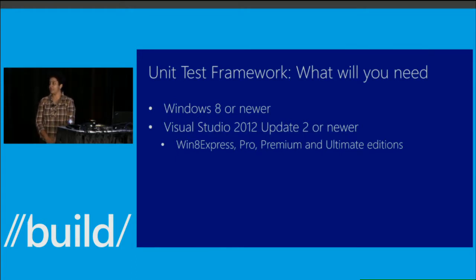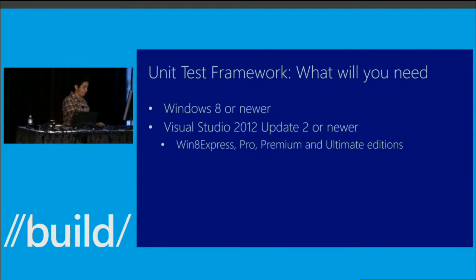So you can take advantage of the unit testing capabilities depending on whichever editions you have. Even though it says Windows 8 and VS 2012, I encourage that you try out 8.1 and 2013 preview so that you can take advantage of the other capabilities that come with the product. So let's go back to my demo.